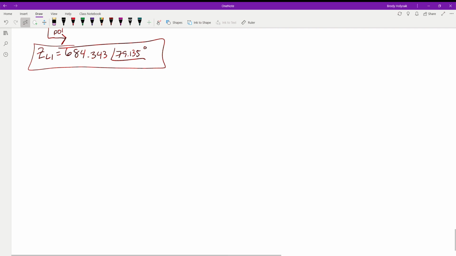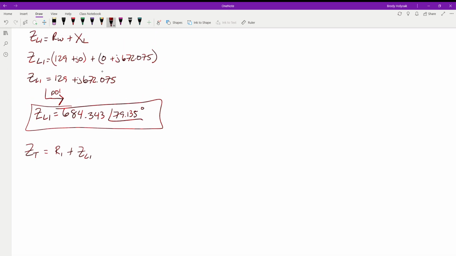Now the next step, we need to solve for our Z total. Again, we're going to have our R1 plus the impedance for inductor 1. We can go back and look, because we already have this in rectangular form, and we know what resistor 1 is.